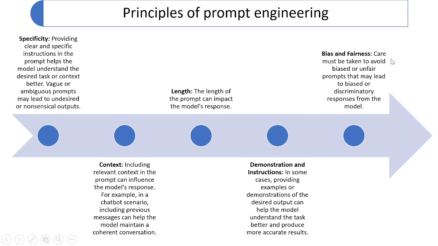Then bias and fairness. While you are giving a prompt to a large language model like ChatGPT or Bard or DALL-E 2 or Midjourney, care must be taken to avoid bias and unfairness that can lead to a biased or discriminatory response from that model. So don't give any biased or unfair prompts, any political ones which are very biased.